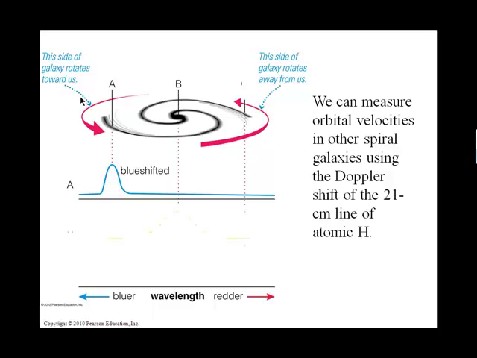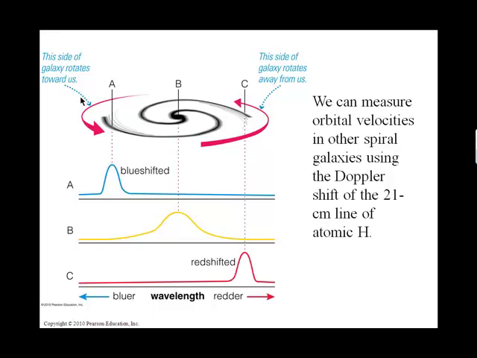Star B will show no shift, and star C will show a red shift because it's going away from us. So in this way, we can measure the velocity of stars as they orbit in distant galaxies, as they orbit their supermassive black hole.